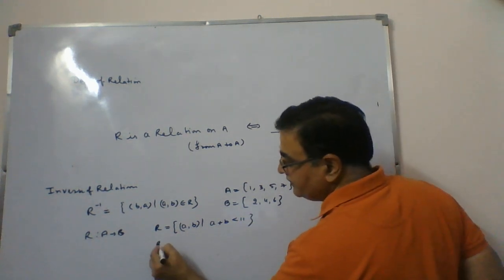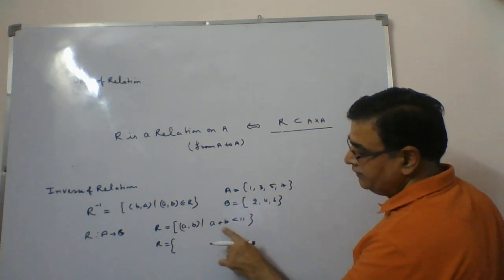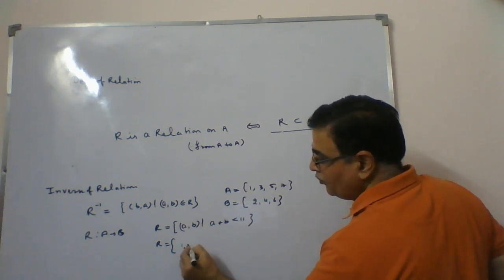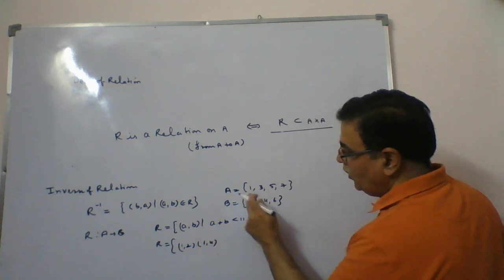Now if I say this, then when I write the relation, the first ordered pair will be 1, 2, that is less than 11, yes, I should take 1, 2. 1, 4, yes, it should be taken. 1, 6, yes.